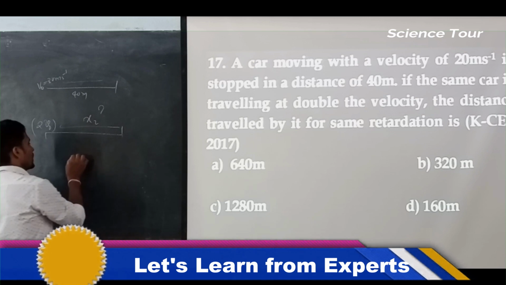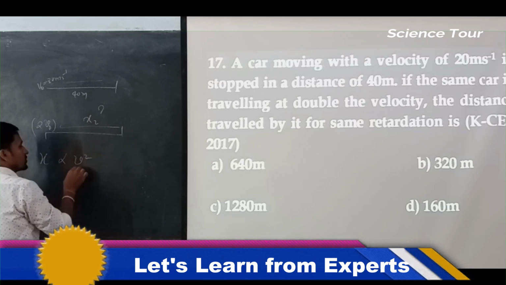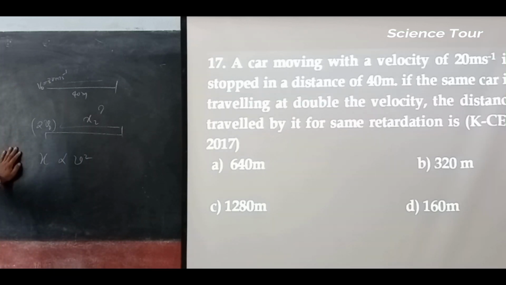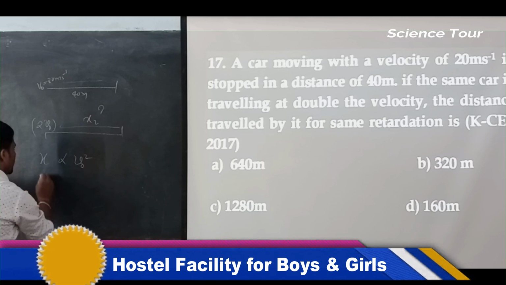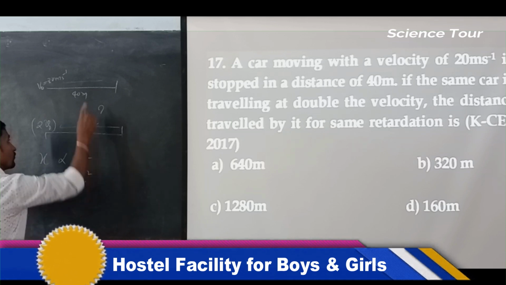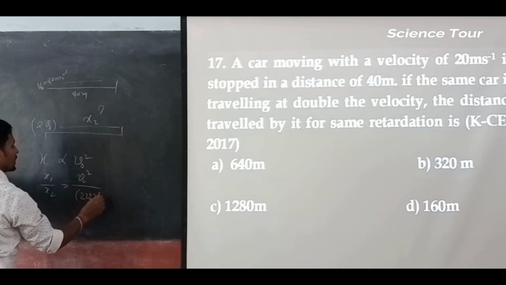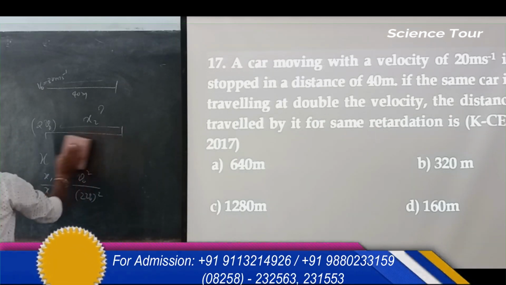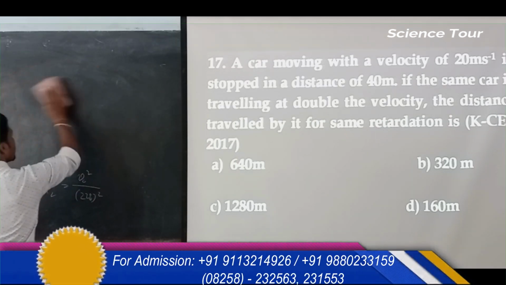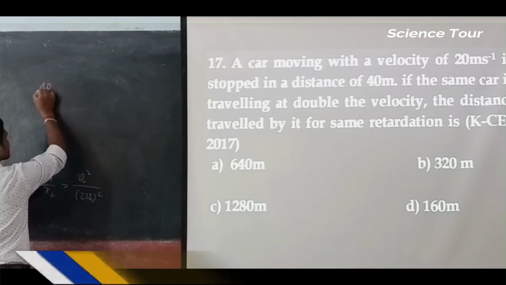You know that the stopping distance is directly proportional to the square of the initial velocity. Now x1 was how much? x1 by x2 equals v naught whole square for this case, and here it is 2 v naught whole square. This is the formula we can write since it is directly proportional. Now earlier what was the distance? 40.